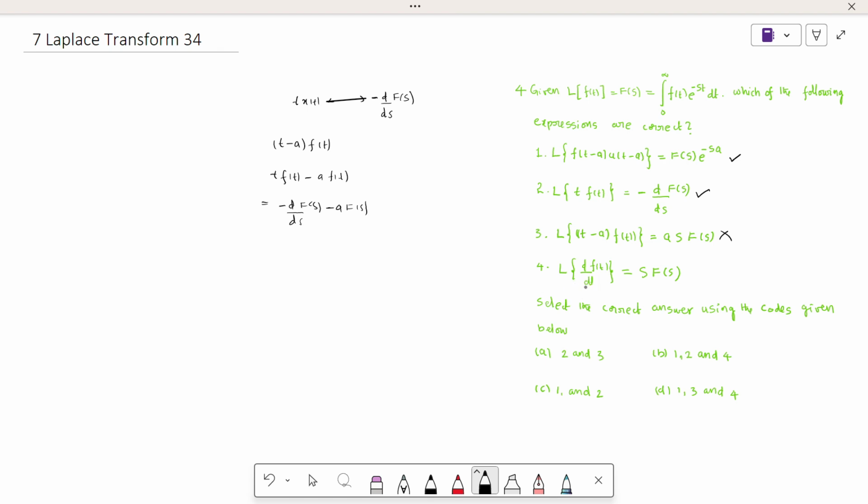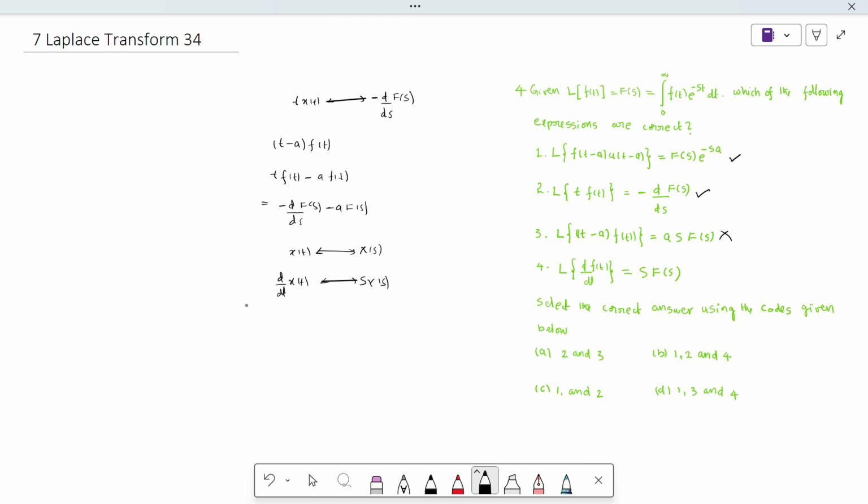Coming to the differentiation in the time domain, we know that x of t, for example, its Laplace transform equals X of s, and d by dt of x of t is nothing but s into X of s, is it?